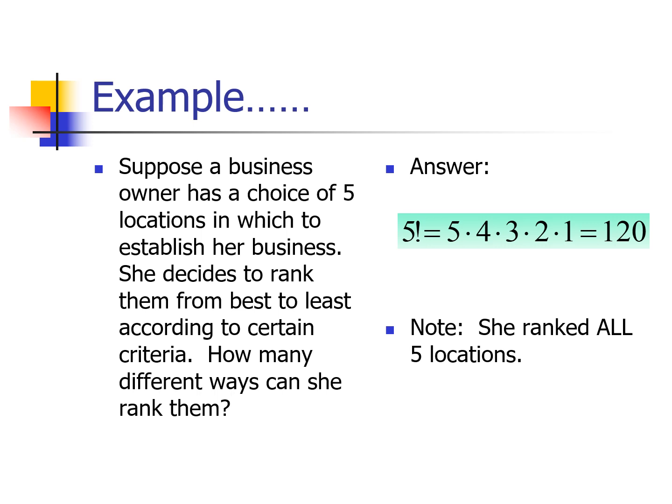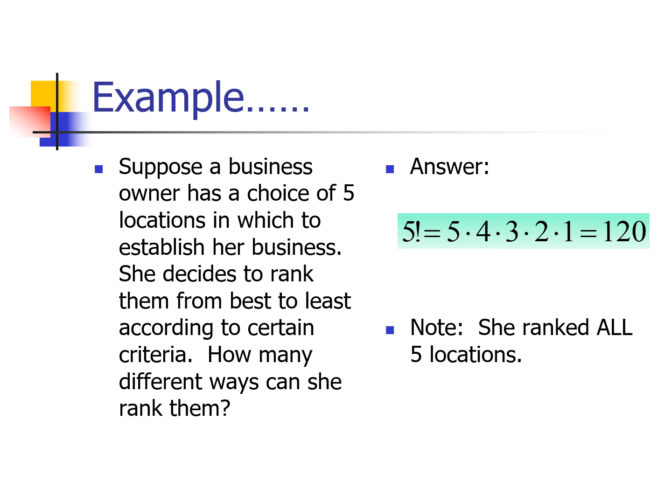Okay? But since she is going to rank all of the 5 locations, again, you are going to use the first type of permutation, which is the permutation of n objects taken all at a time, or permutation of n taken n, which is equal to n factorial.